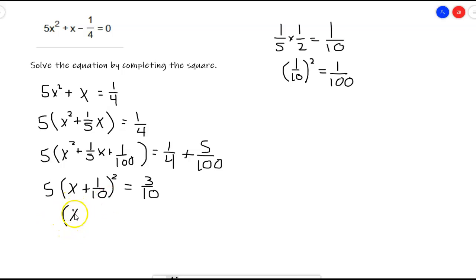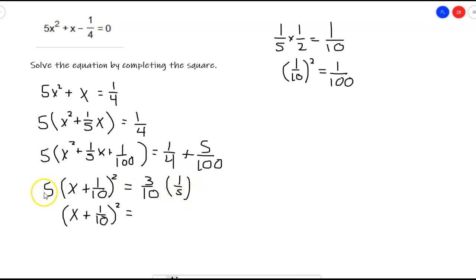So I'm going to get x plus 1 over 10, we'll see if we have enough room, is equal to, well, dividing both sides by 5 is the same thing as multiplying both sides by 1/5. So 3/10 times 1/5.